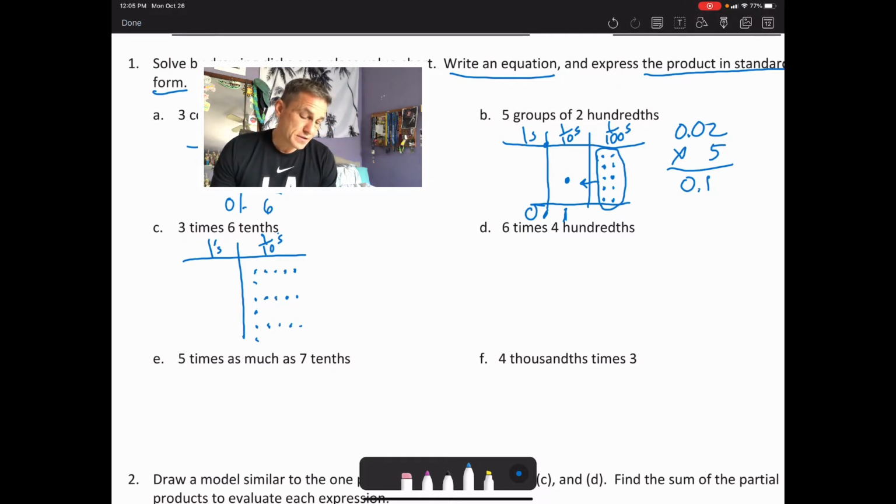Now if I did 6/10 3 times, I have a total of 18 tenths. So what I'm going to do is I'm going to bundle 10 of them. So I'm going to take these 10 and bundle it and make a 1 out of it. So you can see I have a total of 1 and 8 tenths left.